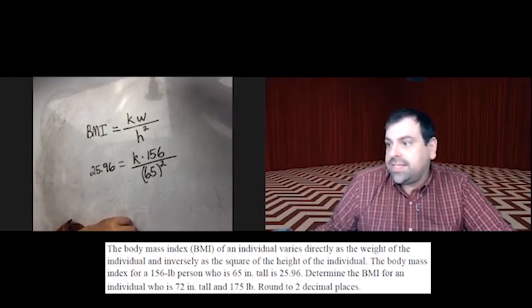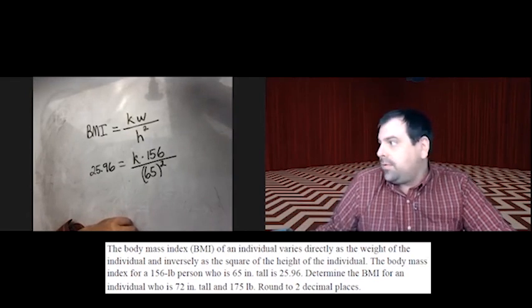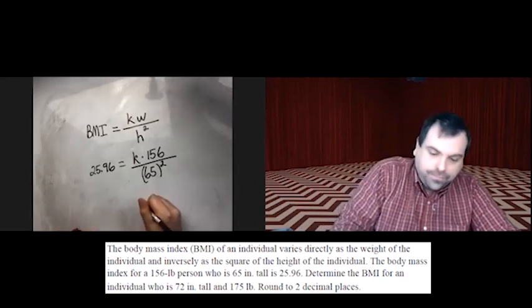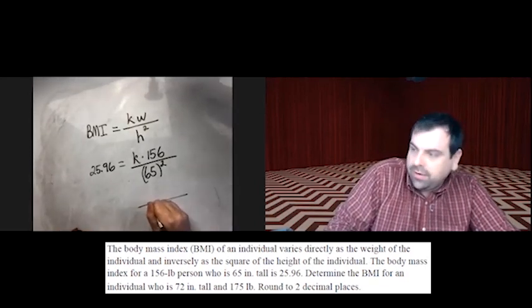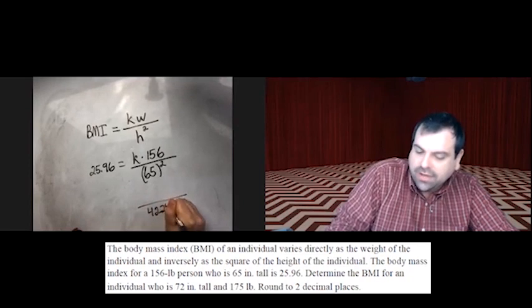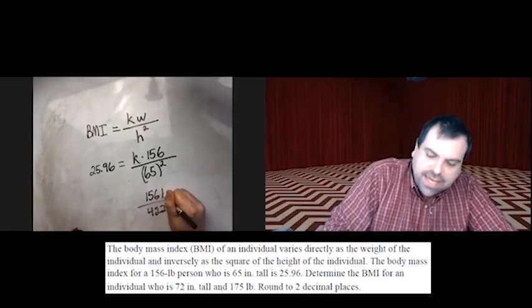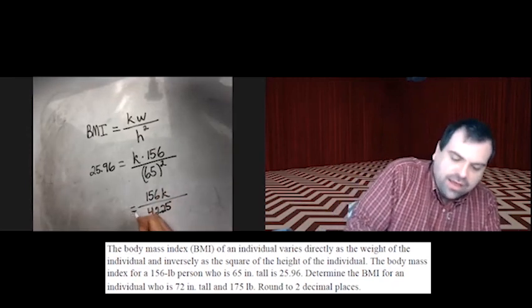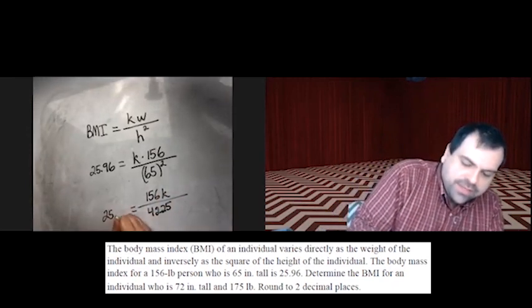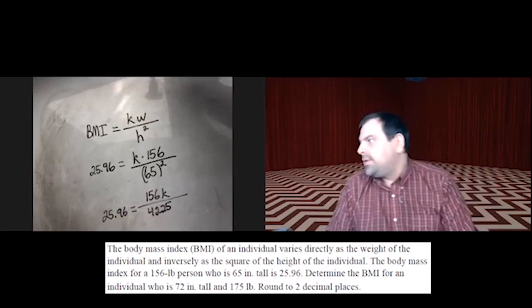If we square 65, we get 4,225. So 156K over 4225 is 25.96.